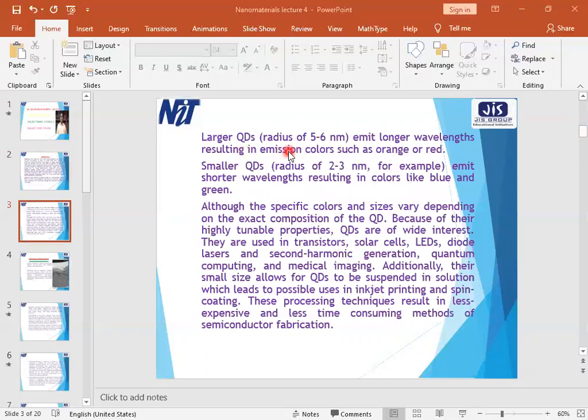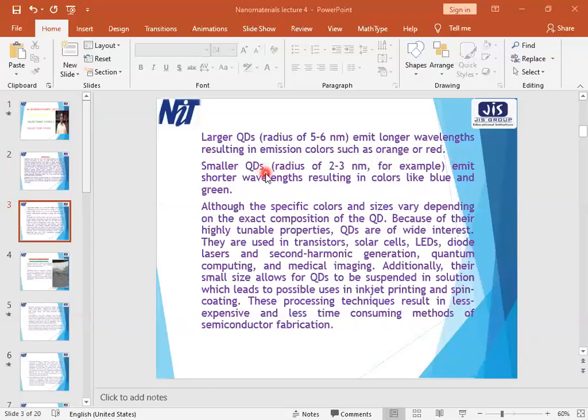Now larger quantum dots, whose radius is 5 to 6 nanometer or up to 10 nanometer, emit longer wavelengths. If the wavelength is longer, then the color will be like orange or red. It will go towards the red.